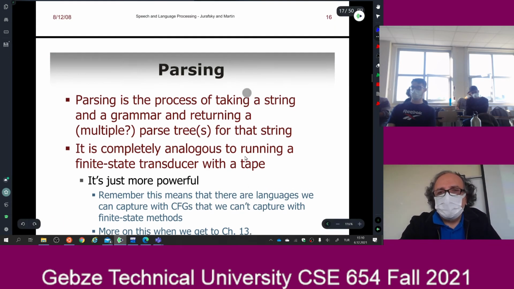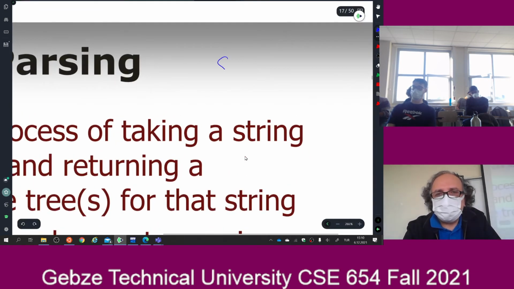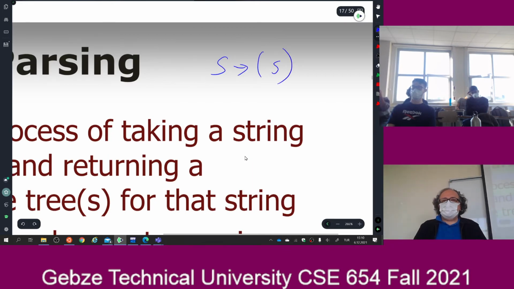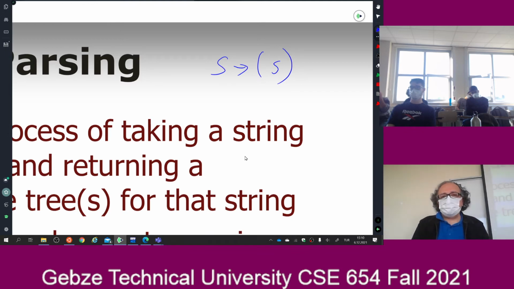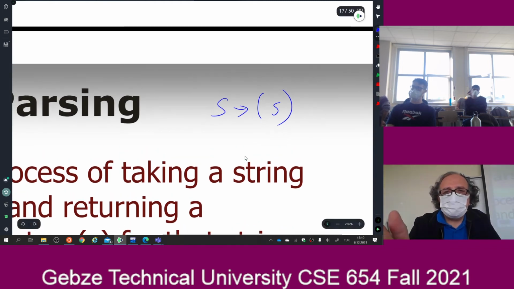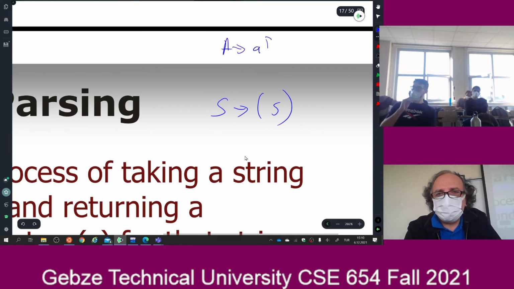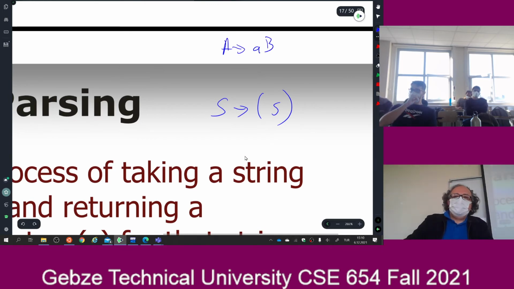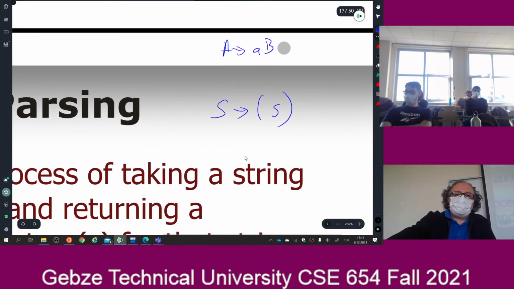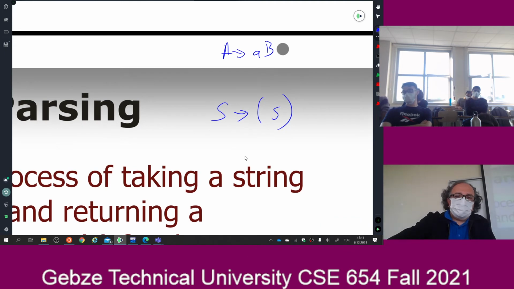For example, this: S, parentheses, S, and this. You can't do this with a finite state automaton or finite state transducer, right? Because remember, for the finite state transducers, your rules are like this, A and B. It forgets about this A when you start doing this B, because you cannot put any terminals at the end of the rule. This one can.